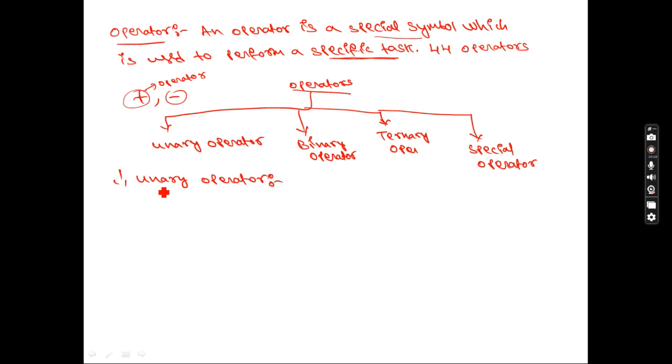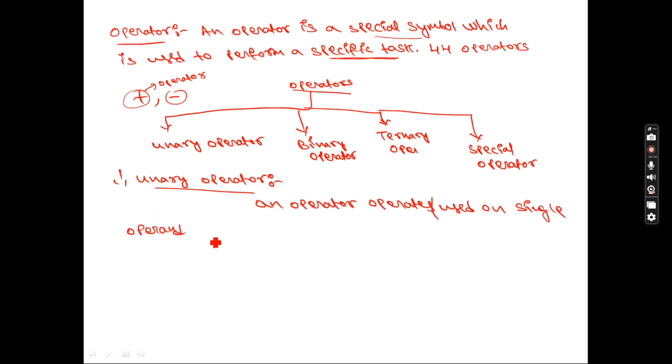Unary means single, one. An operator that operates on a single operand is known as a unary operator.